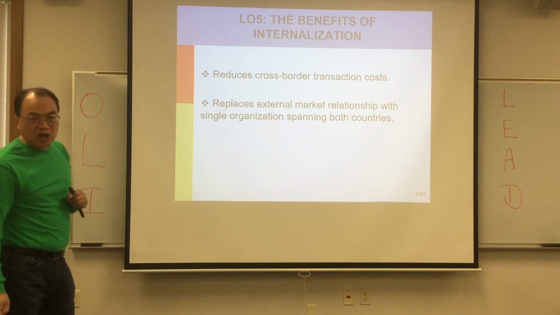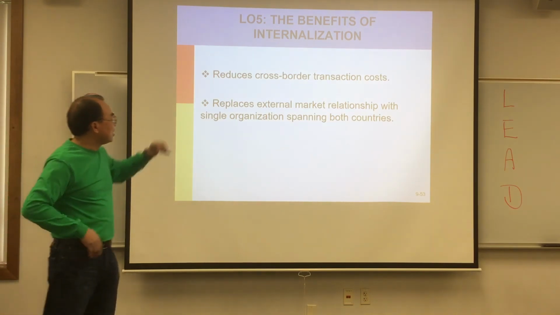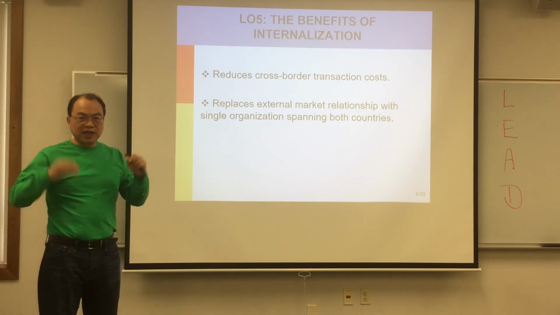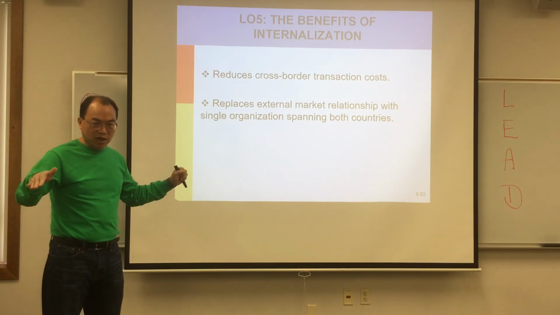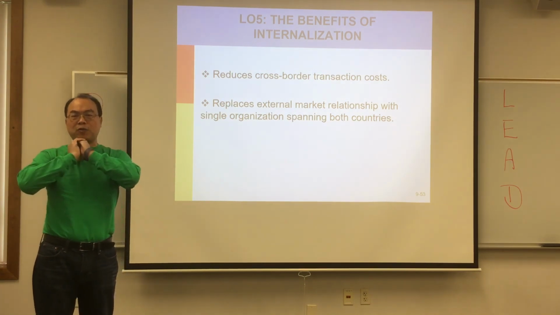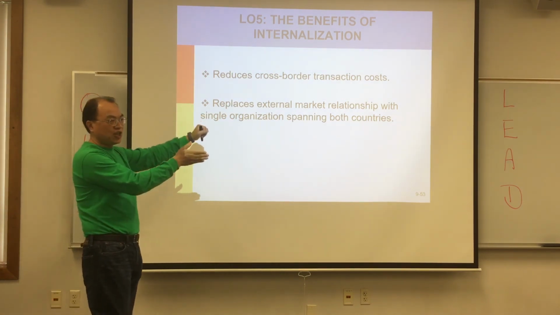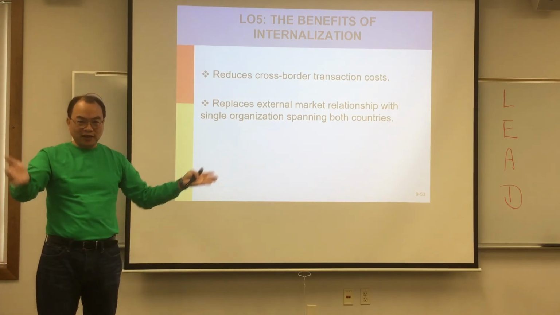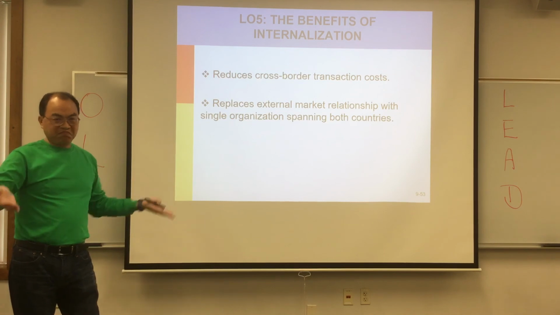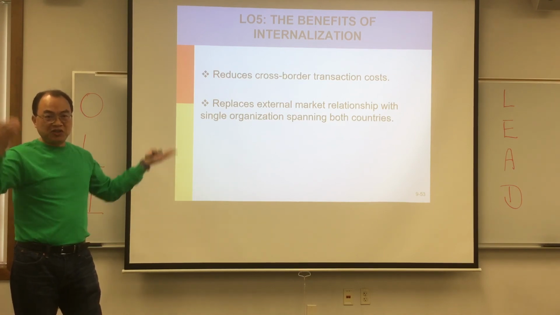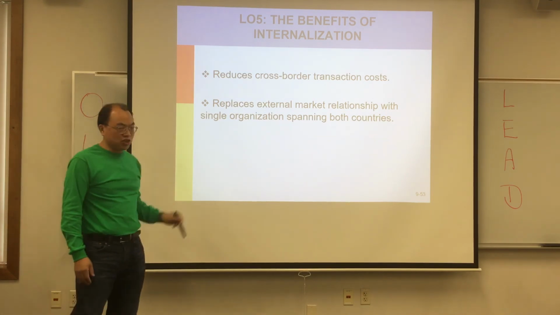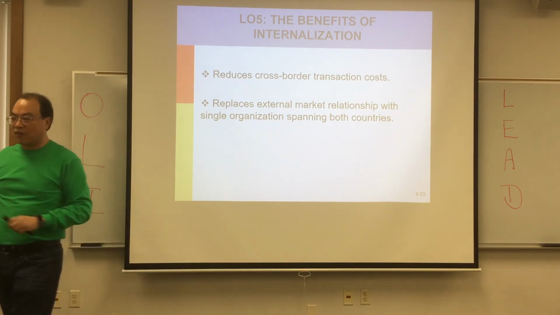Again, the benefits of internalization, basically, you reduce cross-border transaction costs. For Tesla's case, they own everything, right? For the software, they can have a platform in the US, and the Chinese engineers who work for Tesla can just log into the company platform and then access all the technology and process, how to get things done, right? So basically, you don't need to pay somebody else off, okay?